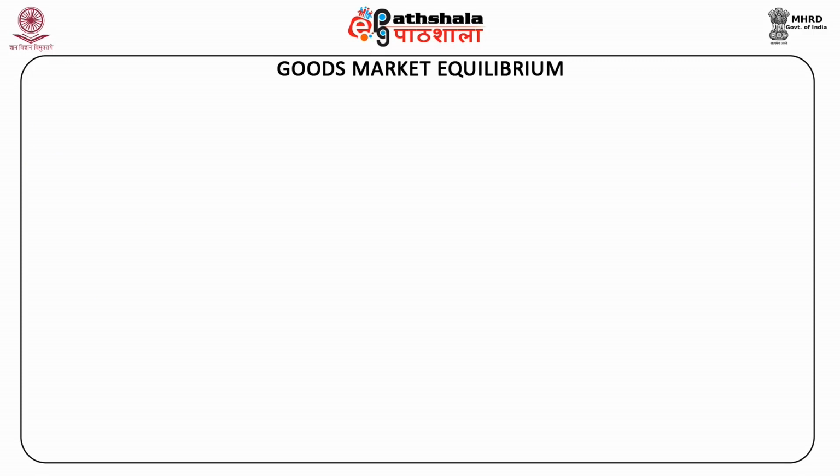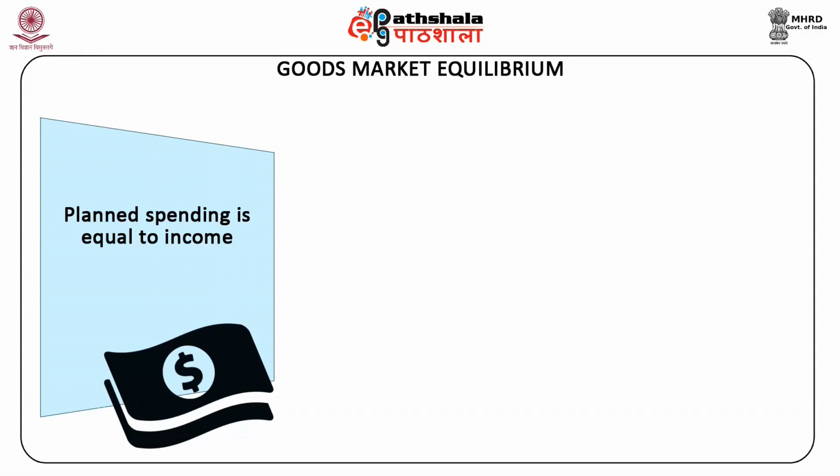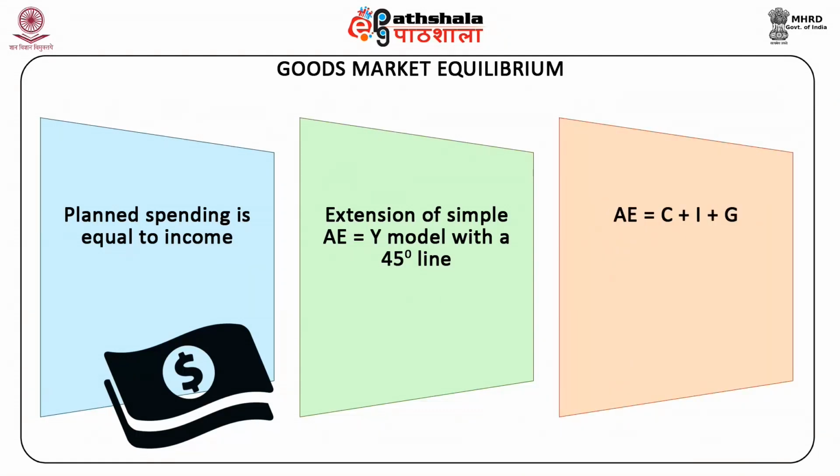Goods market equilibrium is established where the planned spending is equal to income. The goods market equilibrium is an extension of the simple AE = Y model with a 45-degree line. The components of AE include AE = C + I + G. In this analysis, it is assumed that a part of consumption, the whole investment, transfer payments by government and government spending constitute autonomous spending.